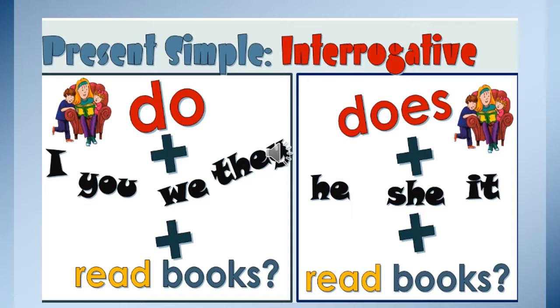Examples: Do I read books? Do you read books? Do we read books? Do they read books? It's simple. For the plural pronouns, you use do, and then the pronoun and the complement.